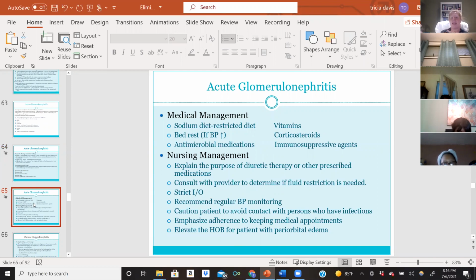So how do we medically manage this? These patients will be on a sodium restricted diet. Probably in the hospital, that's going to be a renal diet. They won't be allowed to have any salt. If their blood pressure is dangerously elevated, and they are at risk for convulsions, or if their vision is blurry, we're going to have them on bed rest.